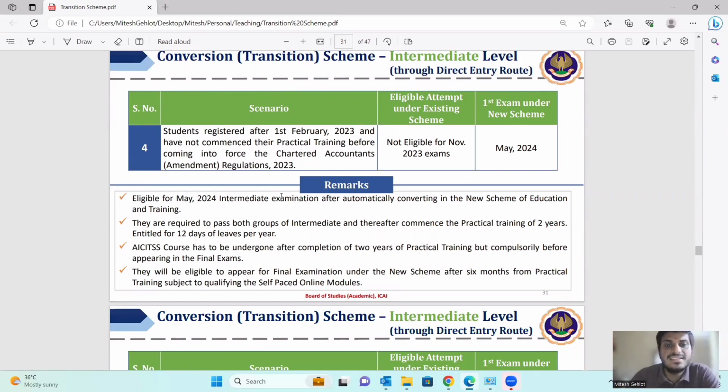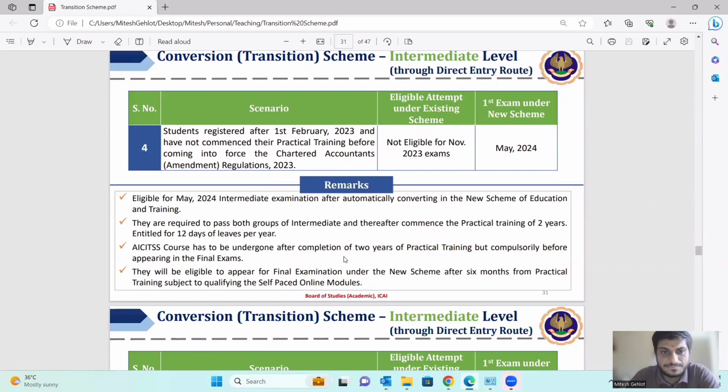Here, as you have not started your practical training, you have to pass both groups of intermediate, and only then can you commence your 2 years of practical training. Please note that you are only eligible for 12 days of leave per year during this practical training, in the sense of 24 days of leave during the 2 years.